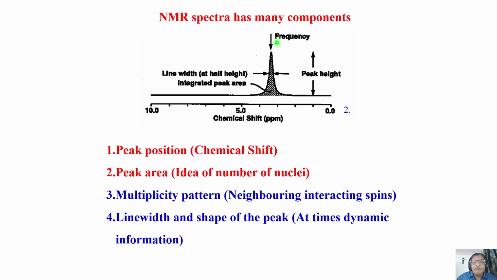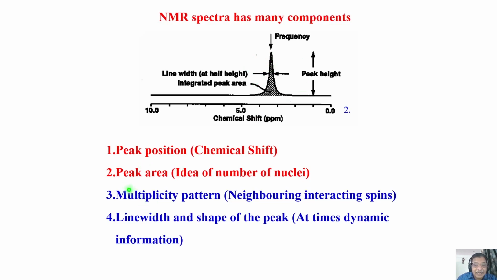For example, if I know where the CH group is, and I know the CH group comes from a single proton, then relative to that I will say this intensity must be 3, and this should have 3 protons. Like that, the peak area tells you the number of nuclei, number of spins or number of protons which are responsible for it.